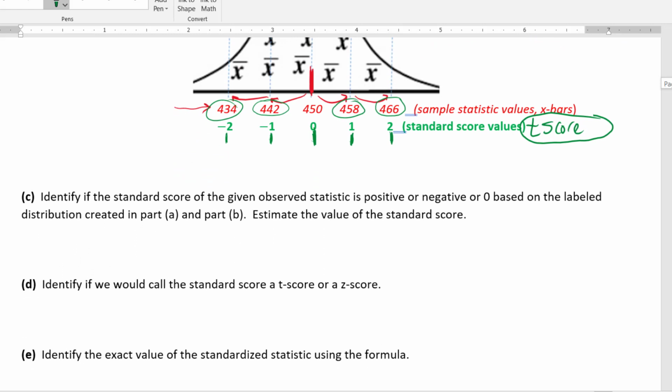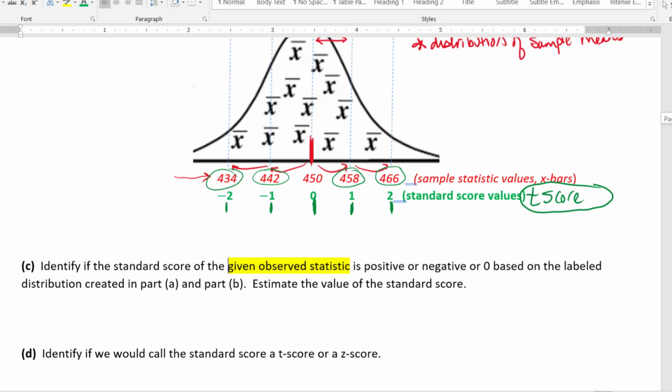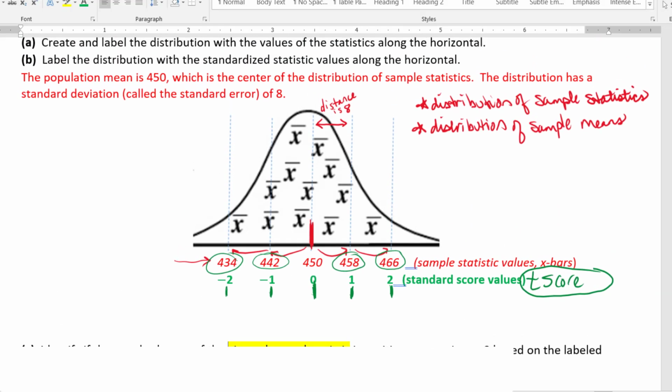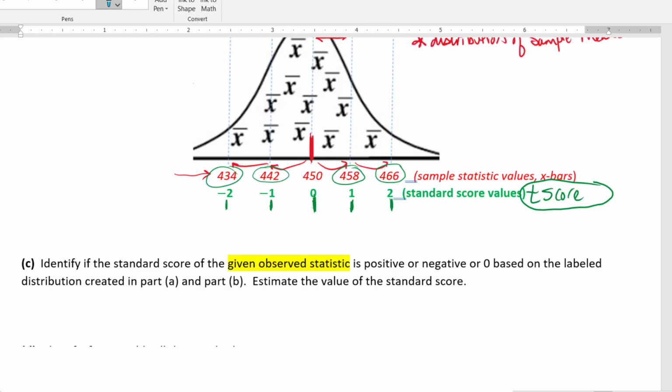Part C then says, identify the standard score of the given observed statistic. Our given observed statistic from the problem was 456.2. An X bar of 456.2 would be approximately here. It's between 450 and 458.